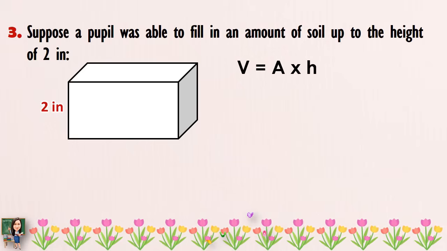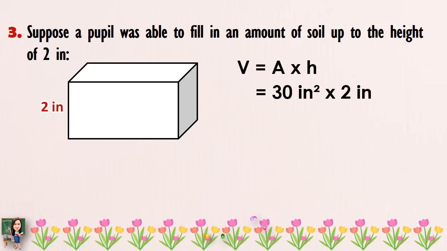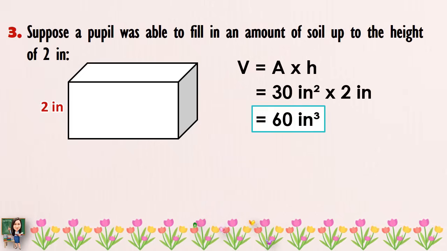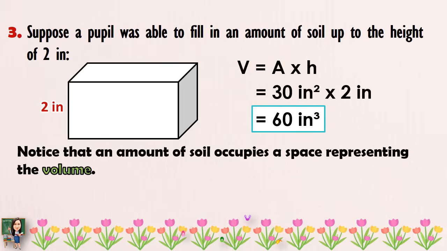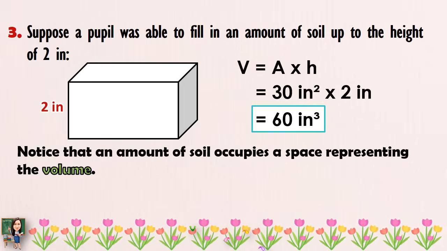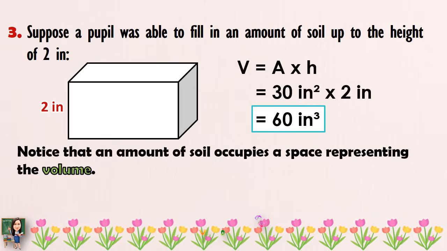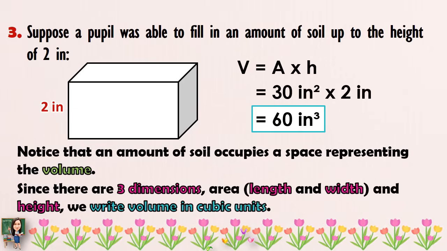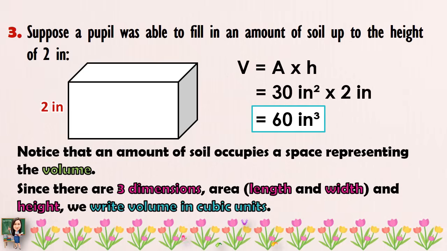We already got the area, which is 30 square inches, multiplied by height, which is 2 inches. 30 times 2 equals 60 cubic inches. Notice that an amount of soil occupies a space representing the volume. Since there are three dimensions, area, which is length and width, and height, we write volume in cubic units.